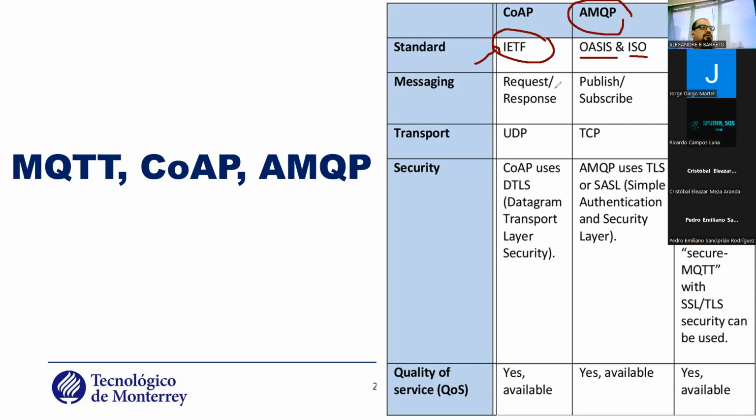CoAP uses request-response, remember HTTP. AMQP and MQTT use TCP. CoAP has a very simplistic standard for security. AMQP and MQTT have stronger security, and all of them support QoS.